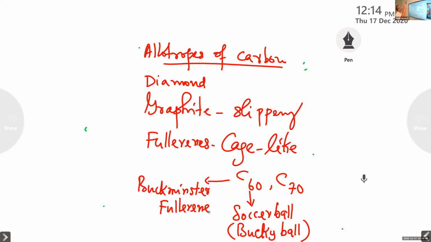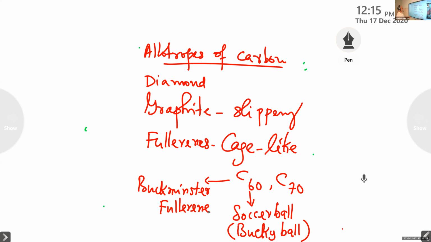See, at the top there are domes, spherical shaped domes. So in the constructions of Buckminster Fuller, there were a large number of domes. And due to the similarity in shape of C60 fullerene, it is known as Buckminster fullerene.